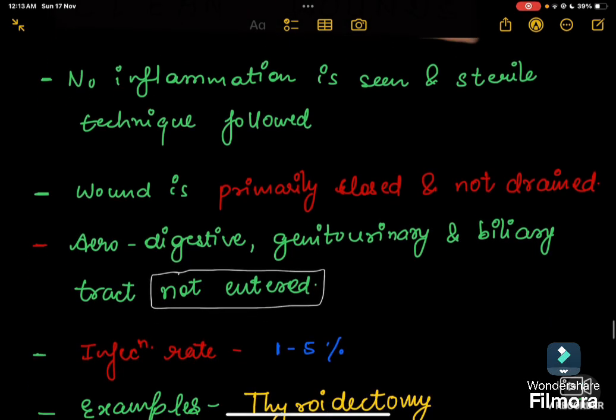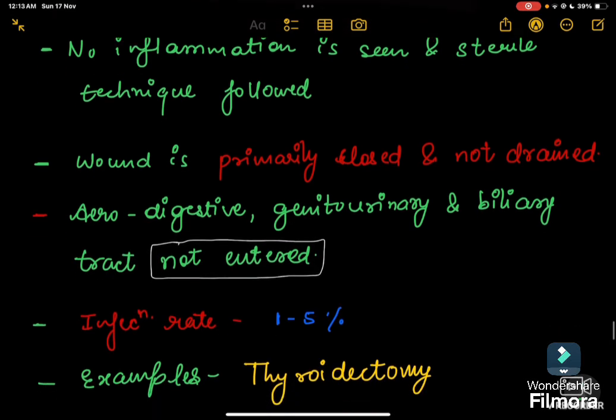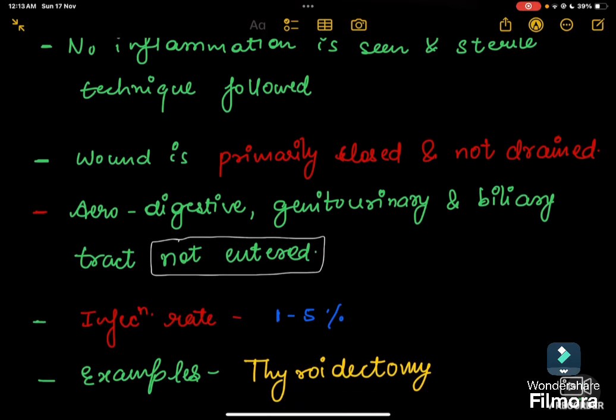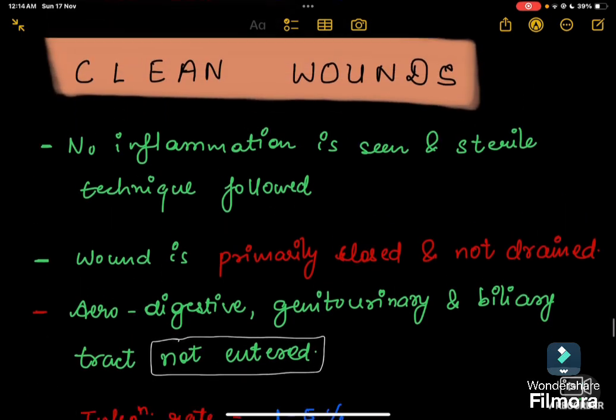Aerodigestive, genitourinary and biliary tract are not entered, means the systems like digestive system, urinary system or biliary tract, we don't go to that level. So it is a simple clean wound.